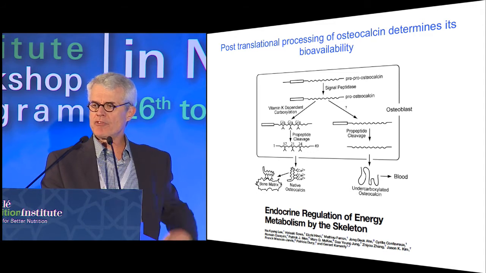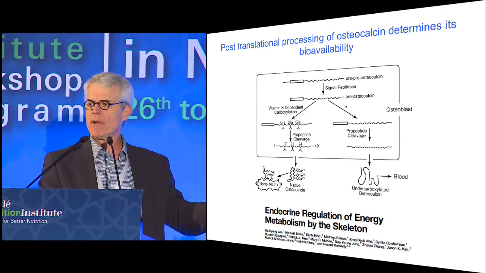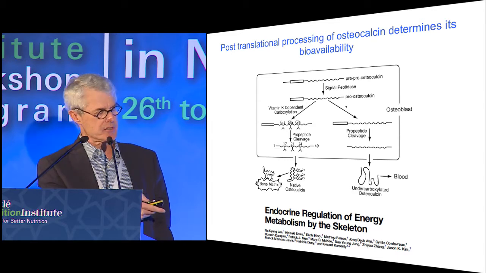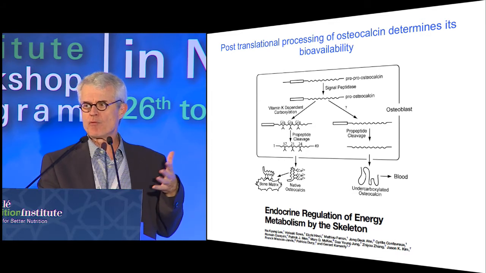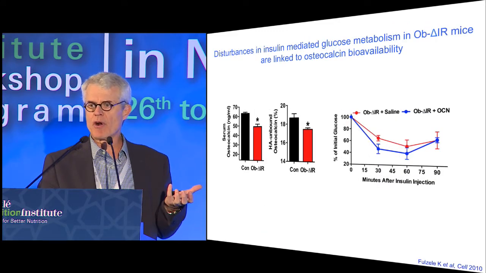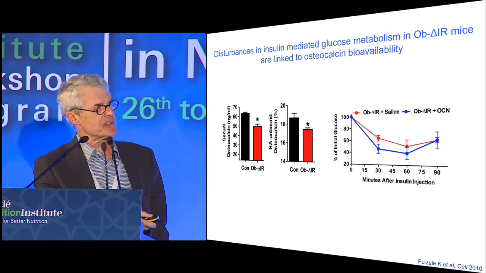And so this is what Dr. Karsenty had hypothesized, that this endocrine form was the hormonal form that was interacting with the pancreas and promoting insulin secretion. So to link the two groups of work, what we had to do is show that this undercarboxylated form was lower in our mice, and indeed it was. These are serum total osteocalcins in the knockout mouse that lacks the insulin receptor, and these are the undercarboxylated levels.